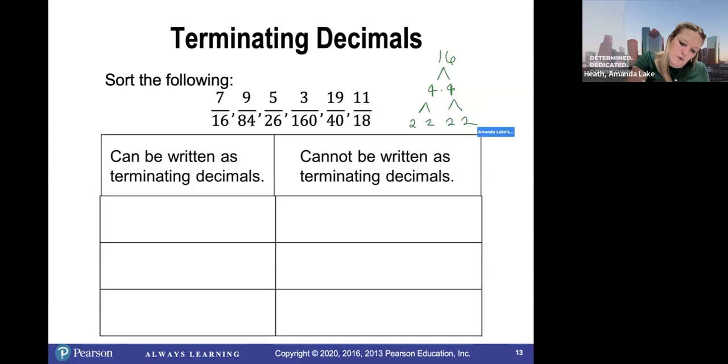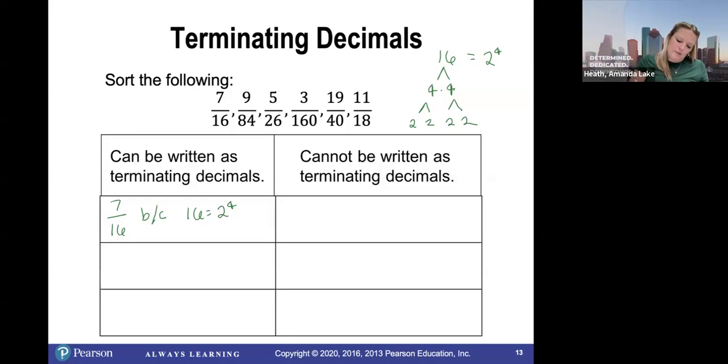So this is 2 to the 4th power, and this should terminate. So 7/16 is on the terminating side because 16 is 2 to the 4th power.